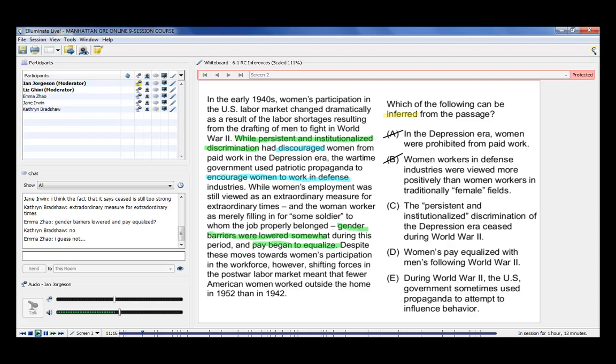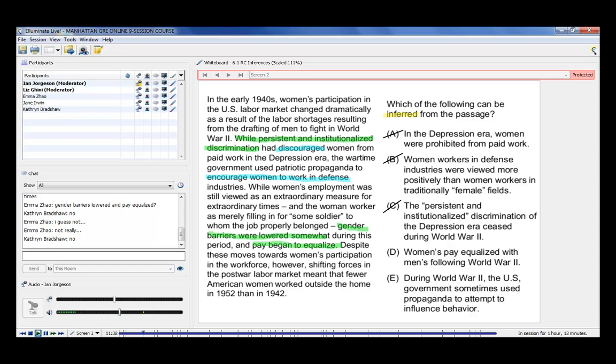Not it became completely equal, but it began to equalize. Does that mean all discrimination ended? So C's got to be wrong as well.